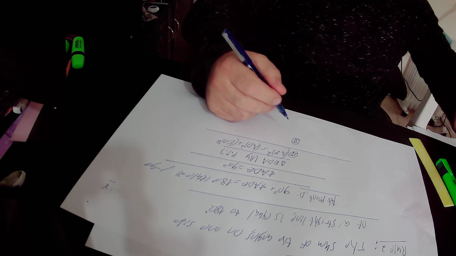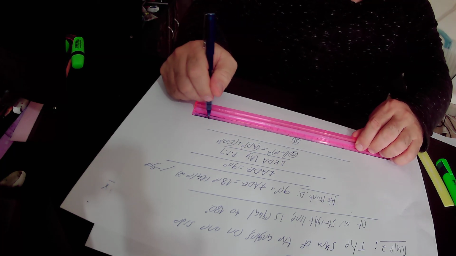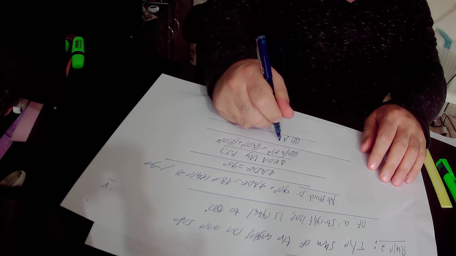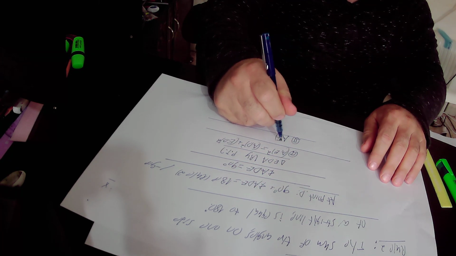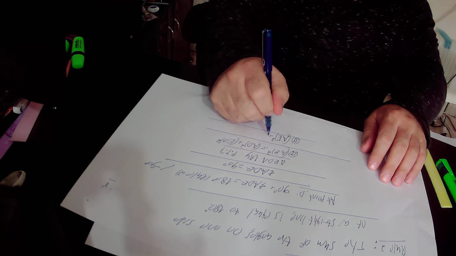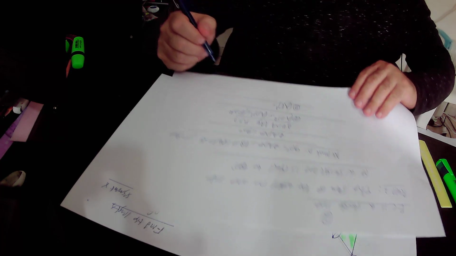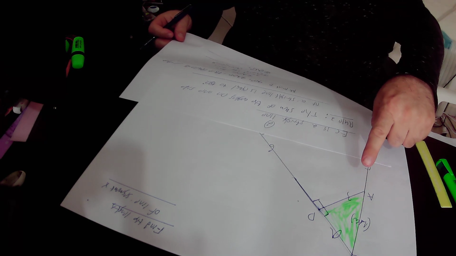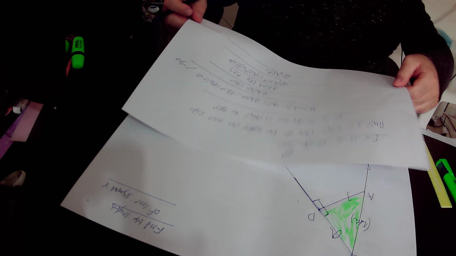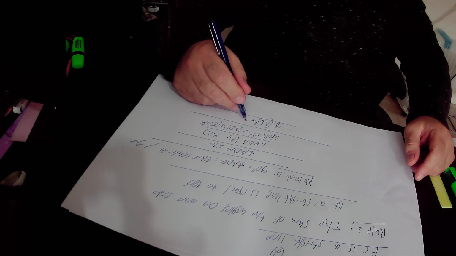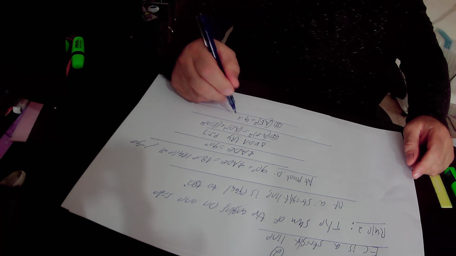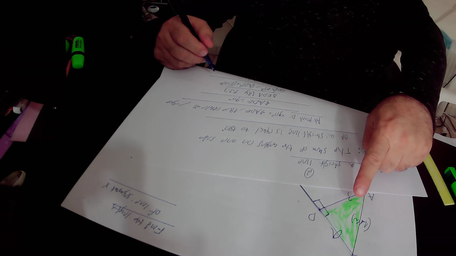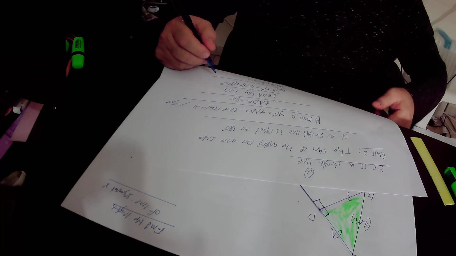So AE squared, put into equation number 2, equals AD squared. AD equals 3, so AD squared is 3 squared, 3 squared is 9, plus ED squared. ED equals A, so ED squared is A squared.